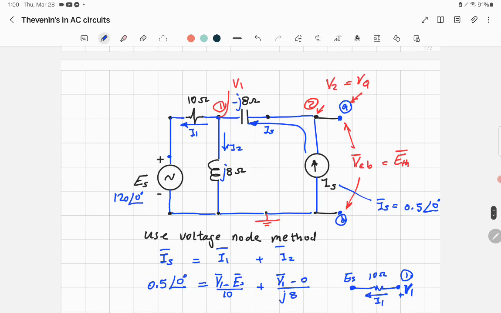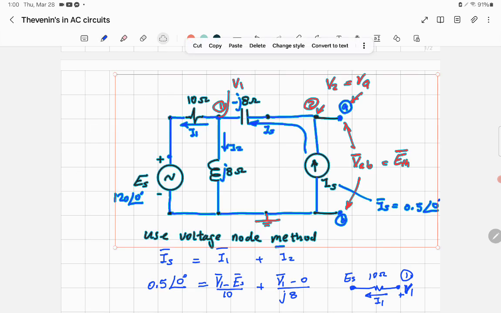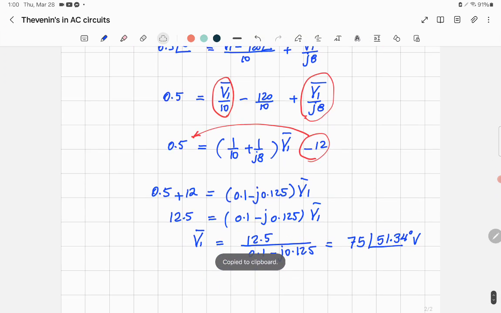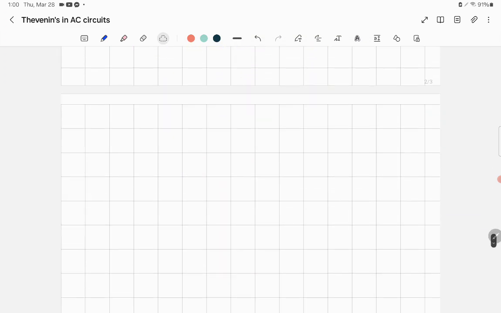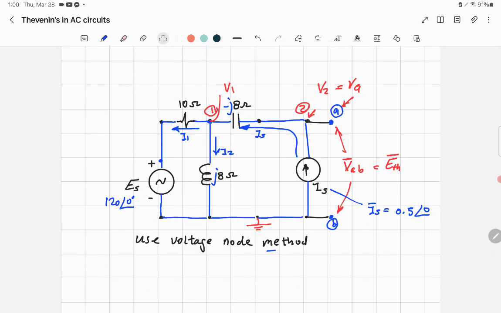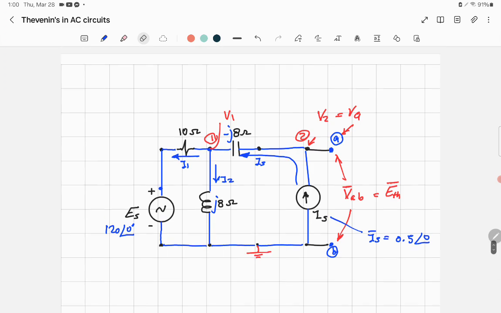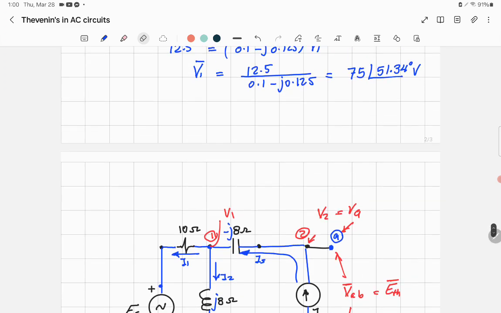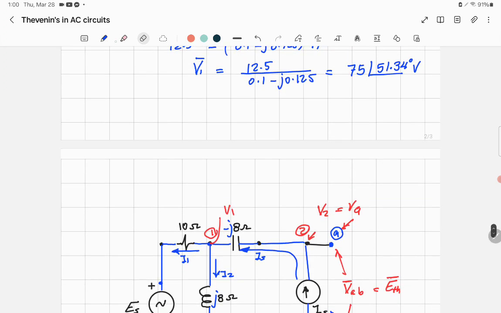All right, let me take a screenshot of this one to continue, because I don't like to be going up and down. And we put the values that we got. We just found V1 equal to 75 volts.